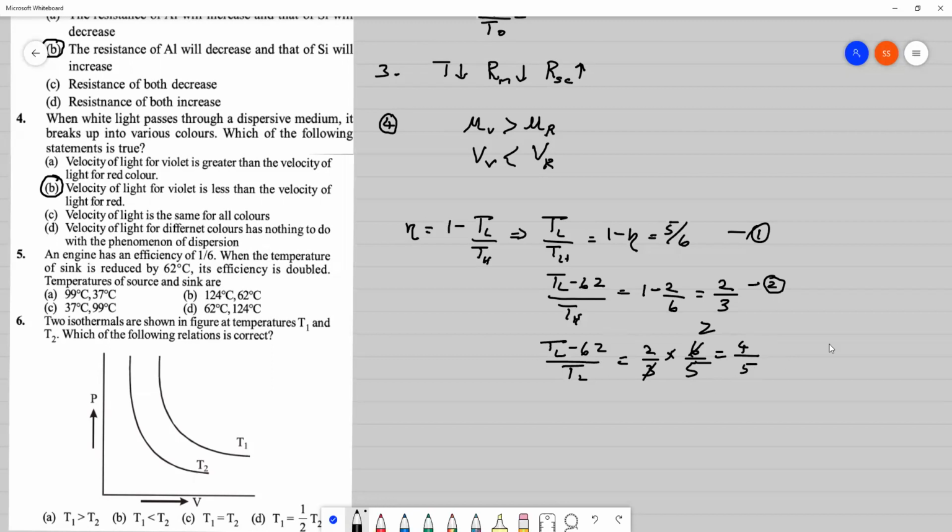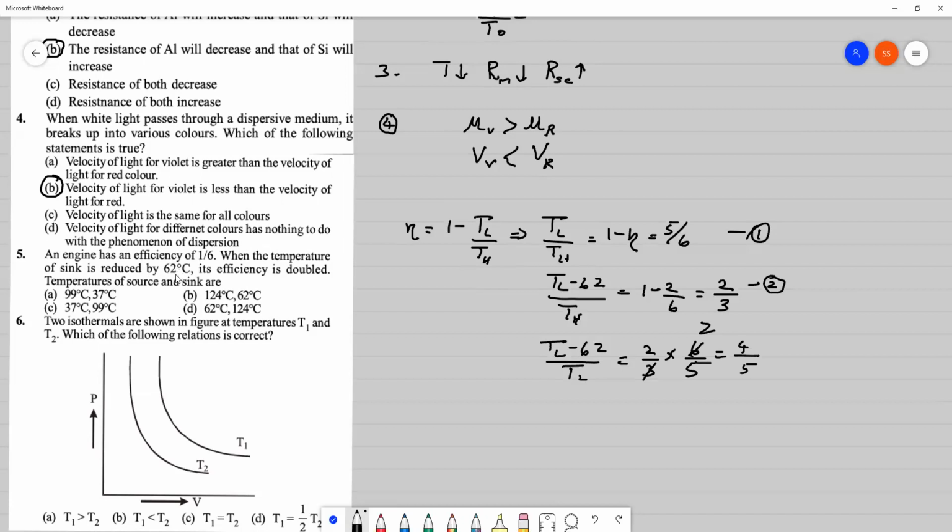So you should understand this. In this equation, I'm supposed to put TL and TH in terms of Kelvin. Only Kelvin you should use in this efficiency equation. Here it is given that the temperature is reduced by 62.